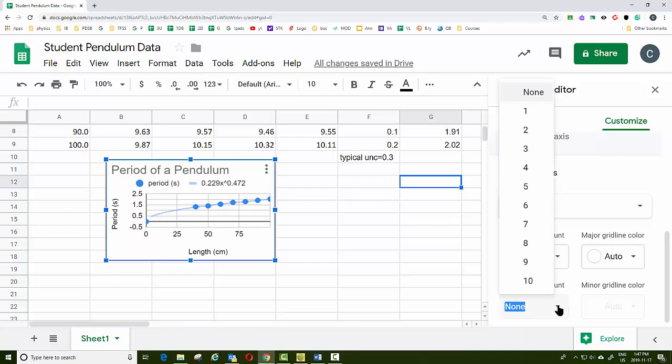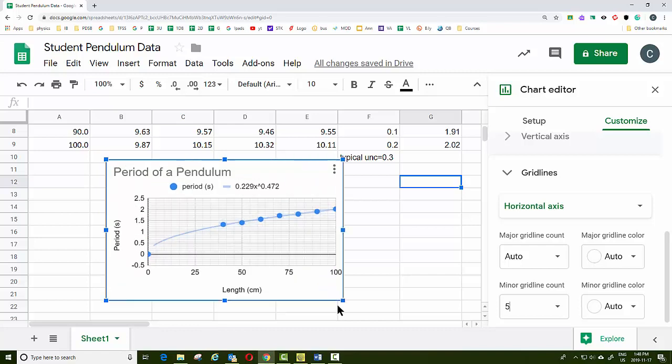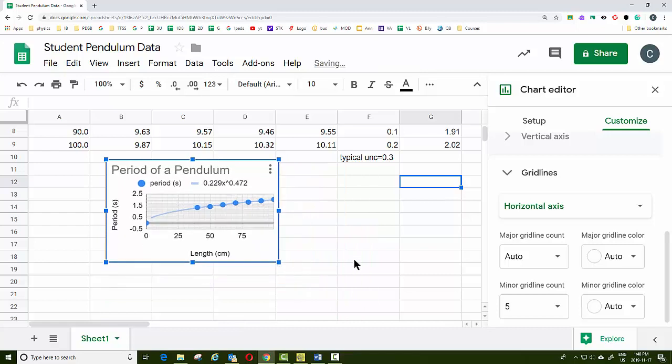So my minor grid line count is going to be 5 there. And then I'll look at the horizontal axis. I'd like to also have 5 lines coming up here. So I'm going to make that a 5. So now we've got a fairly finely tuned grid system there. And it's going to look a lot better once we make our graph larger.